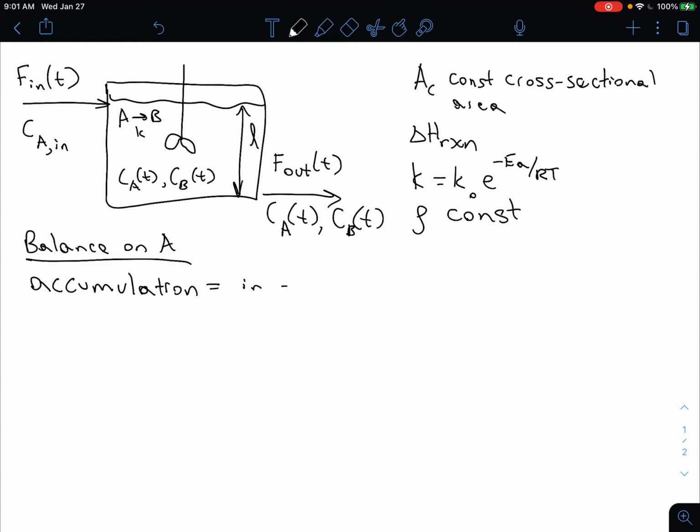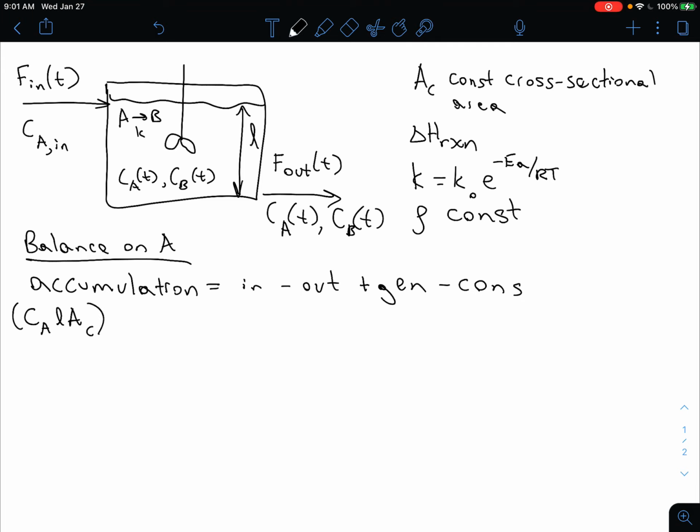Accumulation equals in minus out plus generation minus consumption. The amount of A in the tank at any given time is going to be the concentration of A times the volume of fluid. So in this case, L A_C C_A.